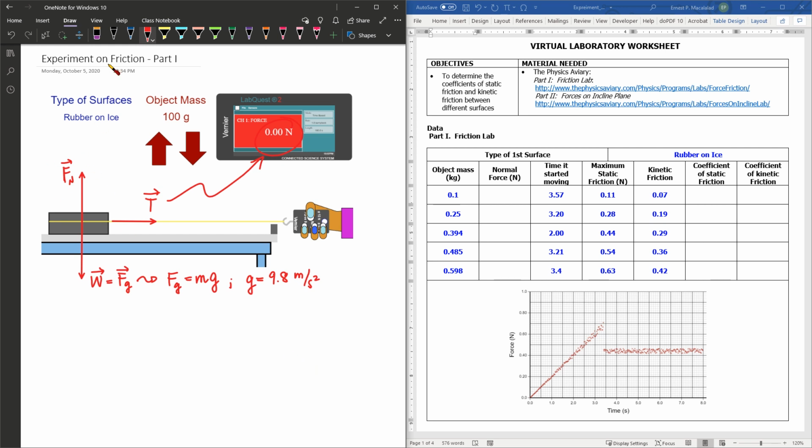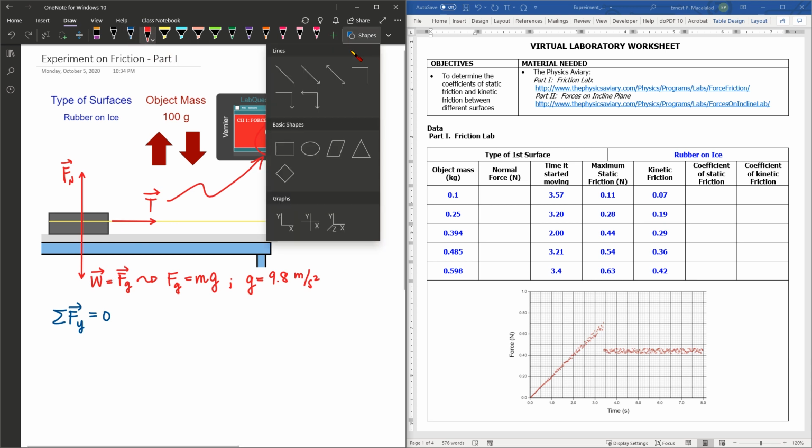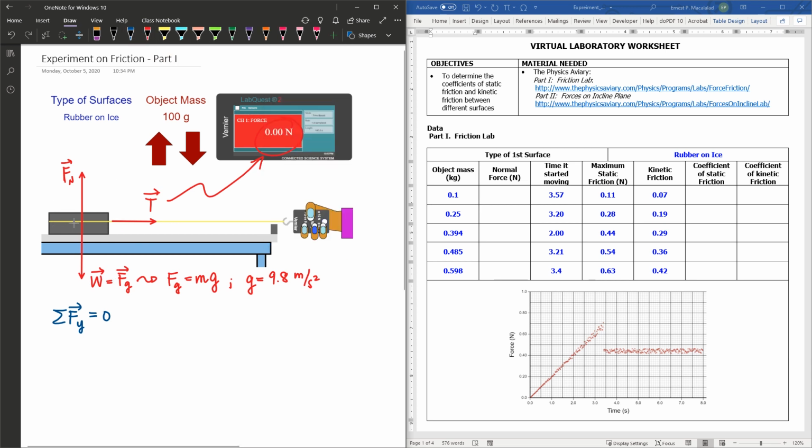How do we get the normal force? We are going to use Newton's first law of motion, where it states that the sum of forces acting on the object along the vertical direction, let's call that y, is equal to 0. From our picture here, let's not forget, by the way, that there is also a frictional force here.